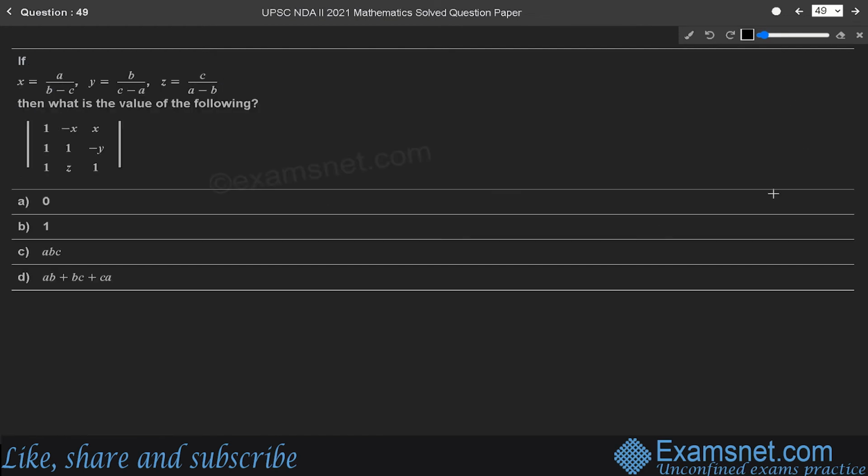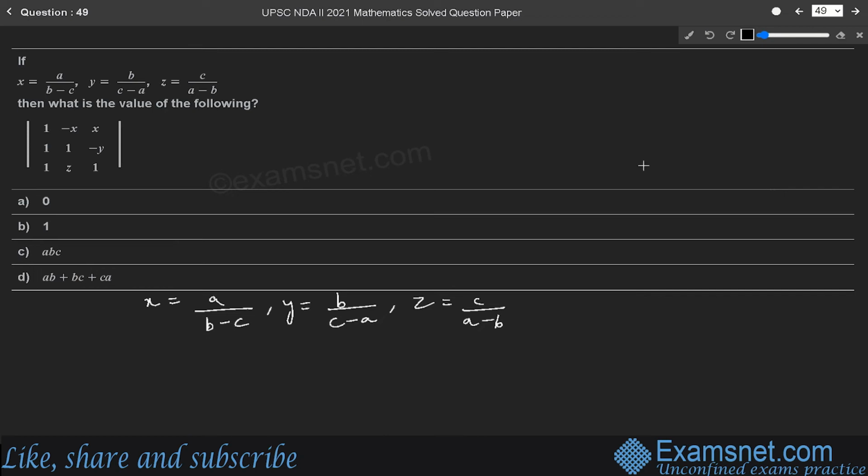Next question is, if x is equal to a upon b minus c, y is equal to b upon c minus a, and z is equal to c upon a minus b, then what is the value of the following determinant? So let us first write the determinant.